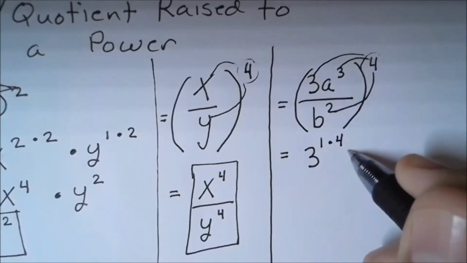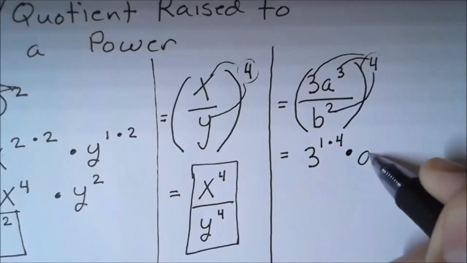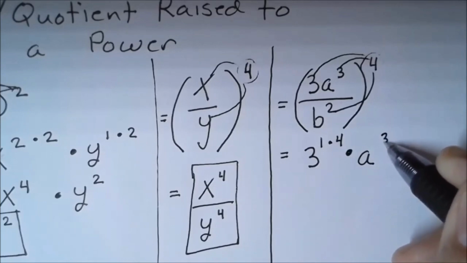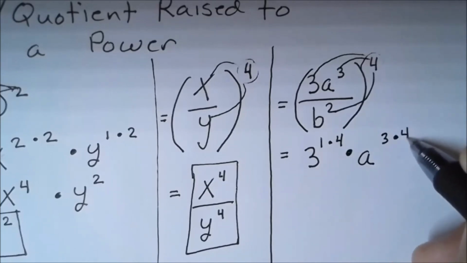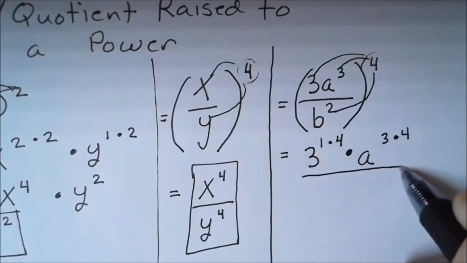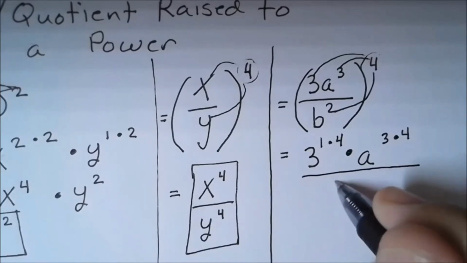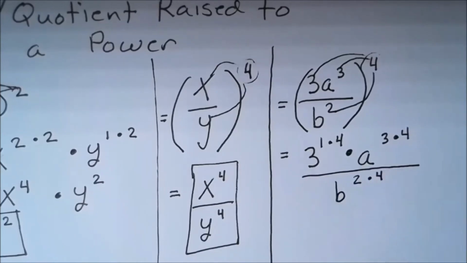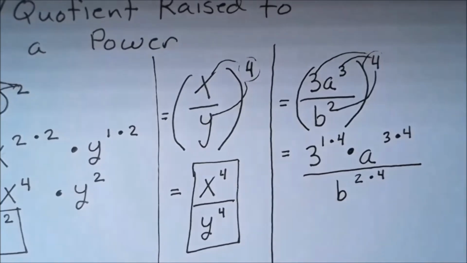The next term is going to be this. That whole thing is going to be multiplied times A to the power of 3 times the power of 4, and this whole thing is over B to the power of 2 times the power of 4. And this way you can see the entire process. All of this is taking place.